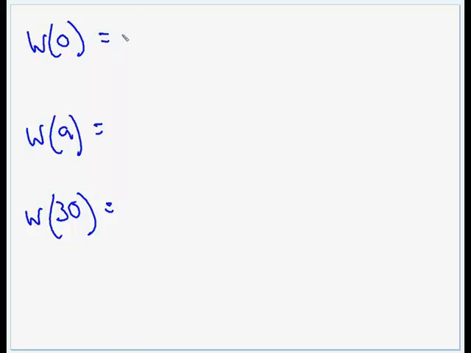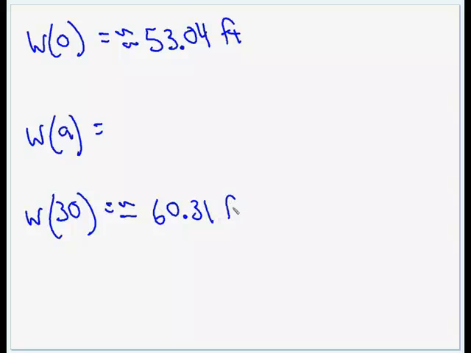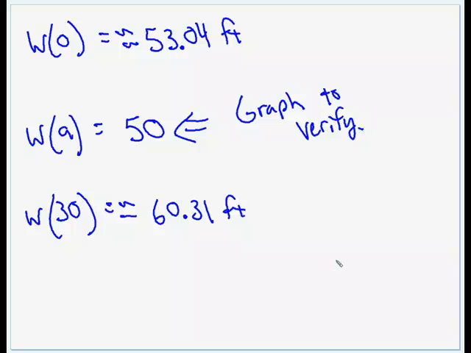If we plug w of 0 in, we get approximately 53.04 feet of wire. If we go to the other endpoint, w of 30, we get approximately 60.31 feet of wire. And if we check our critical number on the interior, we get a nice even 50, and that is our minimum. And you can graph that to verify. If you got your TI-89 out, graph to verify, and you can check that out graphically.